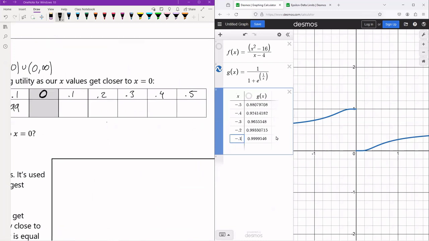Okay, and I want to do the same thing. I'm going to compute everything. 0.1, 0.2, 0.3, 0.4, 0.5.